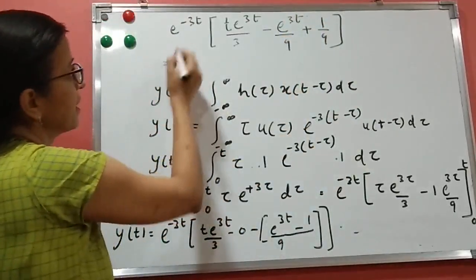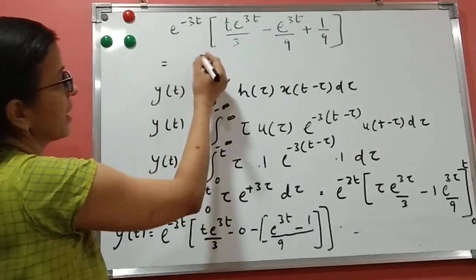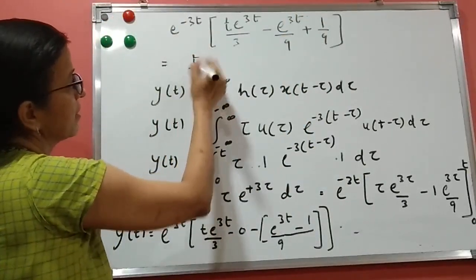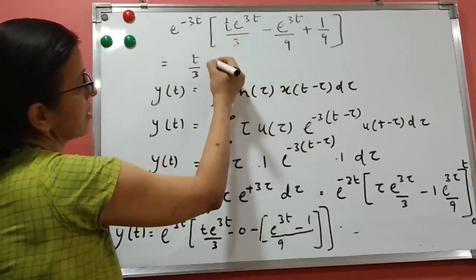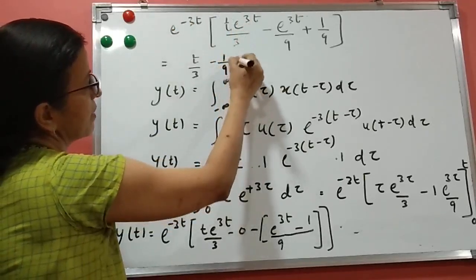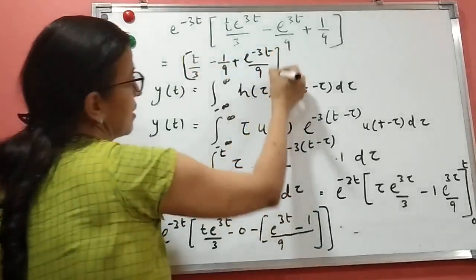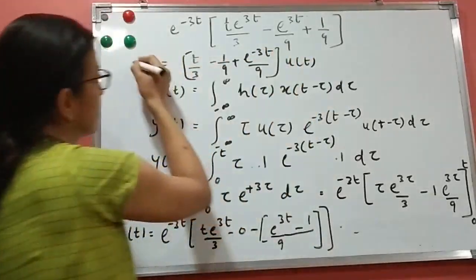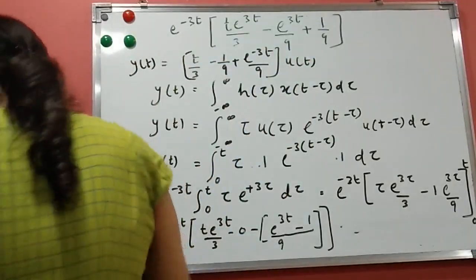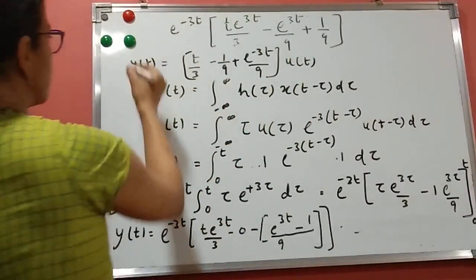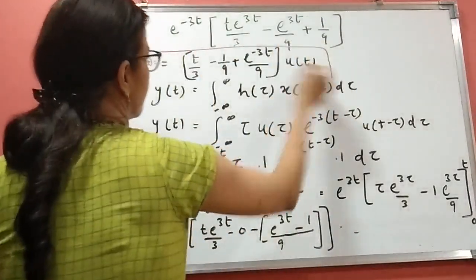If you take e raised to minus 3t inside, it will be t by 3, because this will be cancelled, minus 1 upon 9 plus e raised to minus 3t upon 9. So this is the final answer into u of t, the convolution of the signals.